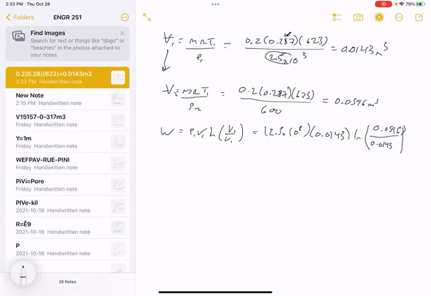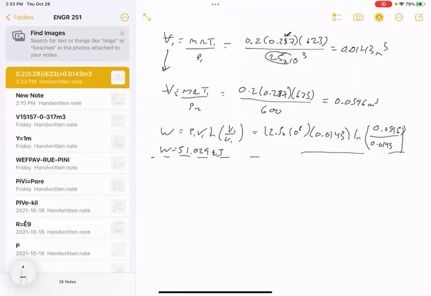And I'm getting a value of 51.03-ish, 51.029. So work equals 51.029 kilojoules. Now, again, this is only the first step, so I'm going to draw sort of a dashed line here.